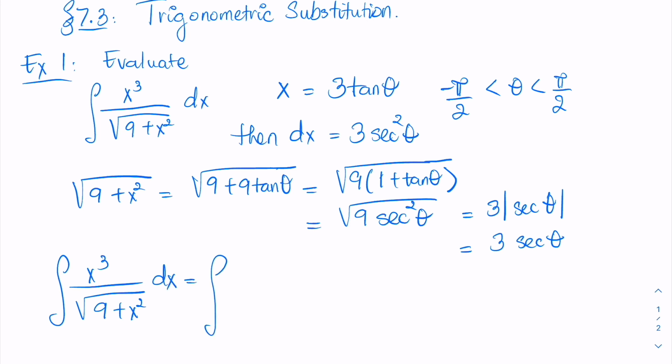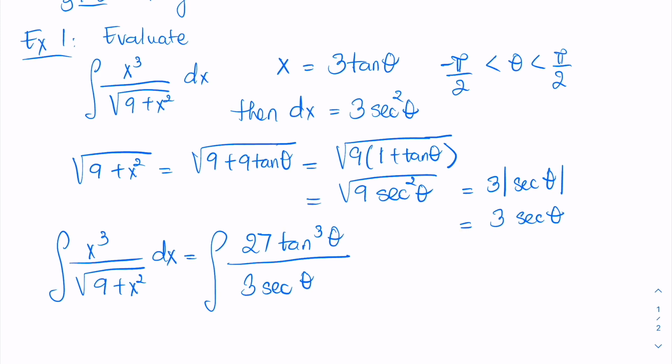Using the substitution, we have 3 cubed, which is 27, tangent cubed theta over 3 secant theta. Now, what we have is 3 secant squared theta d theta. That's the dx right here.